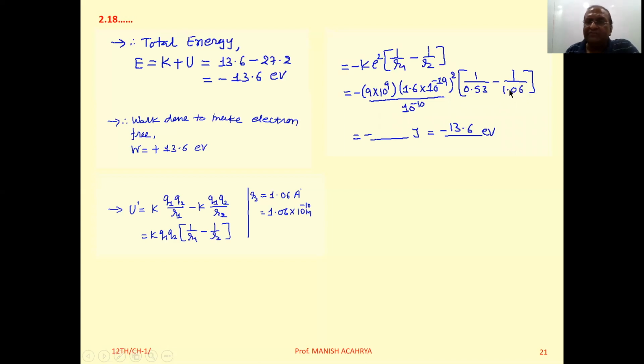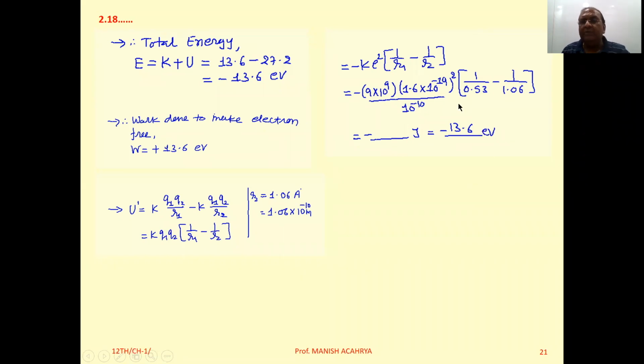And from this bracket, 1 upon 10 raised to minus 10 meter is taken common, so it is written here. Now if you solve this one, then you will get the potential energy in terms of joule. Then if you divide it by 1.6 into 10 raised to minus 19, your answer will be in electron volt.